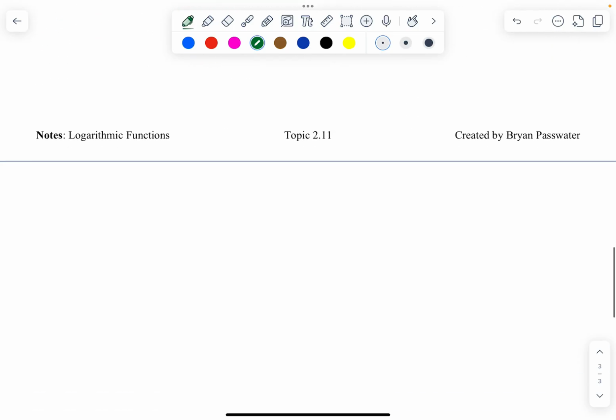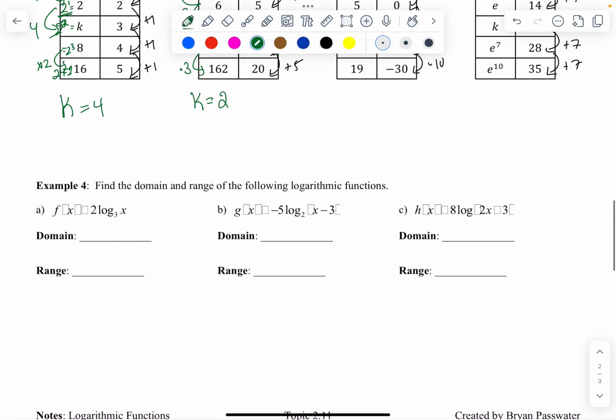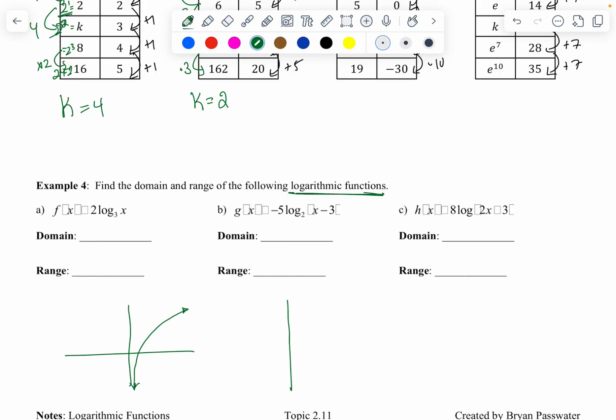All right. And then the last example is finding the domain of the following logarithm. So remember that with log functions, they do have a restricted domain at 0, even if a is negative. The only thing that's going to affect this domain is moving left or right, okay?